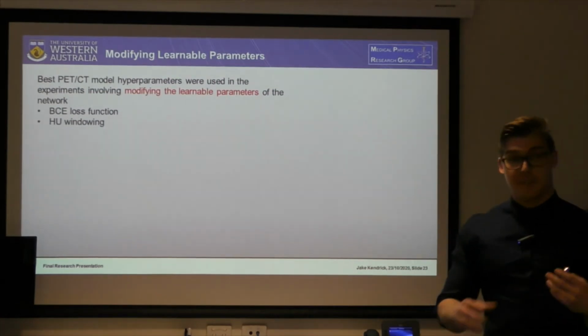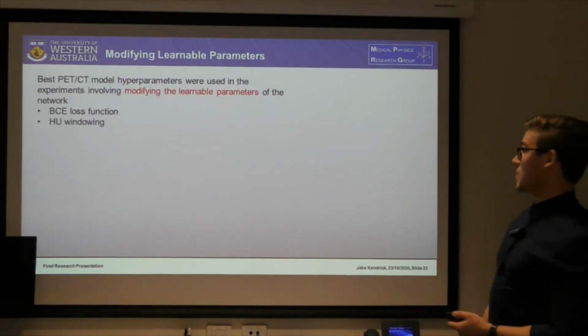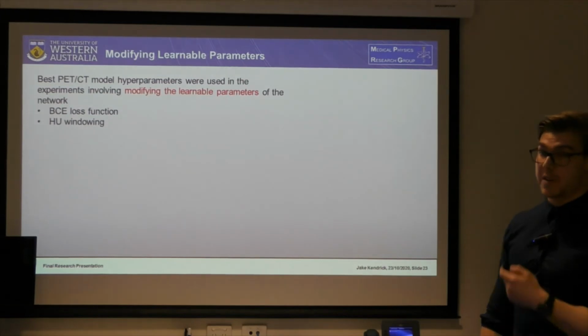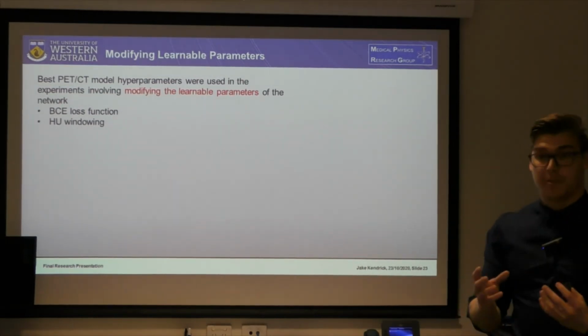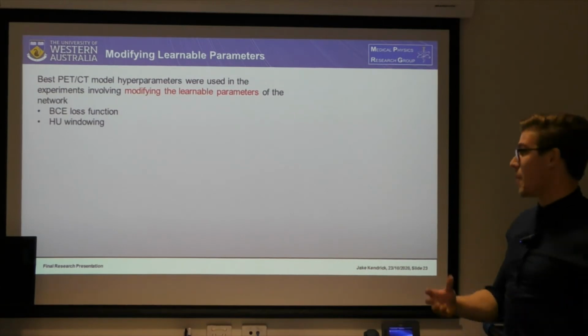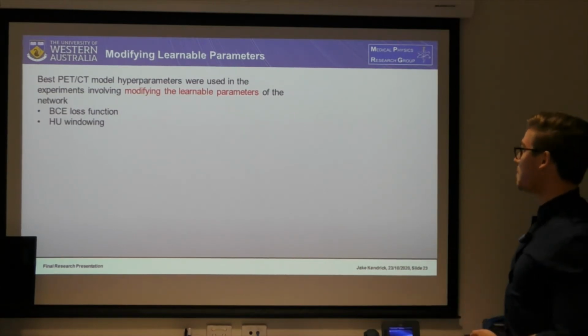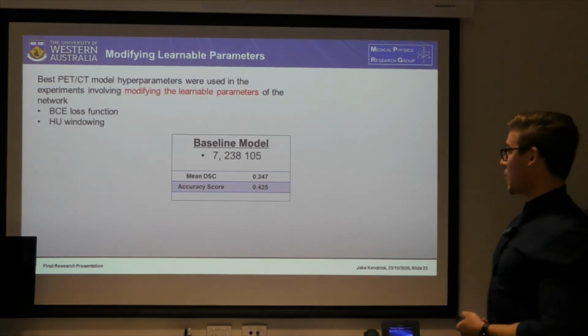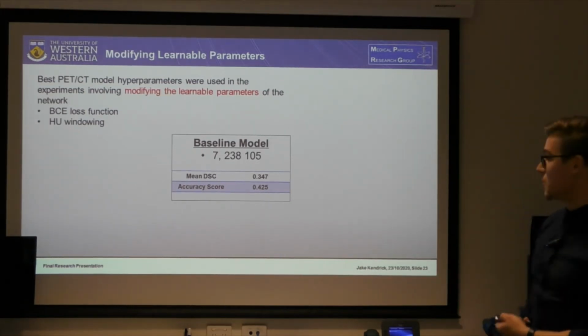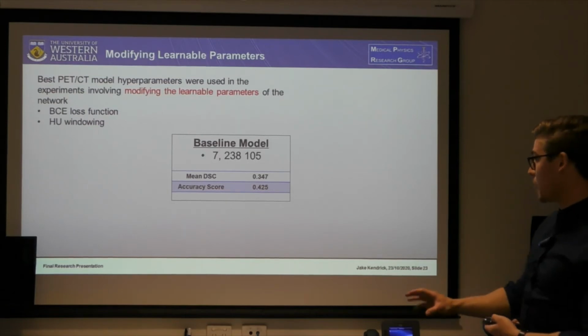So as mentioned, a further 2 experiments were performed using the best hyperparameters that were achieved in the first 4 experiments using the patient PET-CT models by modifying the number of learnable parameters in the model. So we used the BCE loss function, HU windowing, the baseline model, 7.2 million learnable parameters.